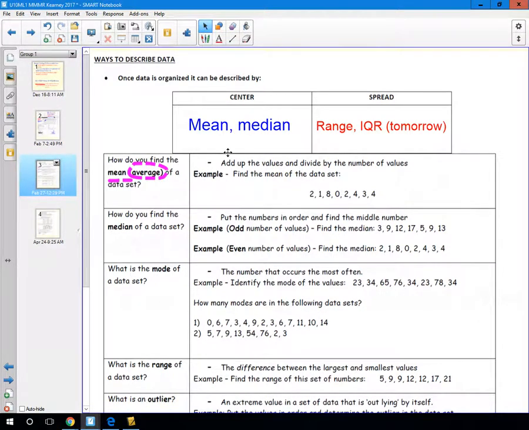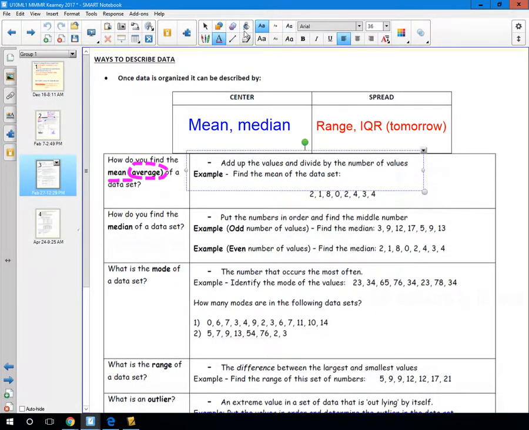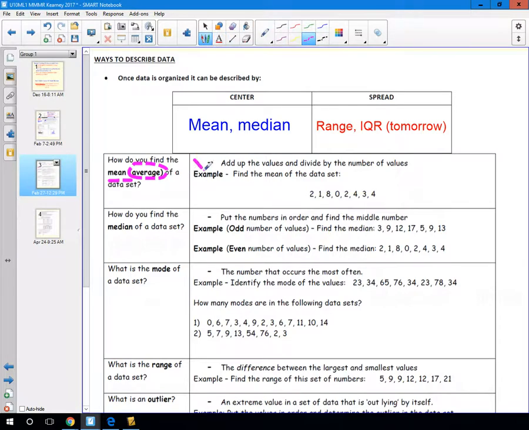So to find the mean or the average, you're going to, and just like it says right here, add up the values and then divide by the number of values. So for this one, I'm going to take all the numbers and to find the mean, I'm going to add them up. So 2 plus 1 plus 8 plus 0 plus 2 plus 4 plus 3 plus 4, and I get 24.